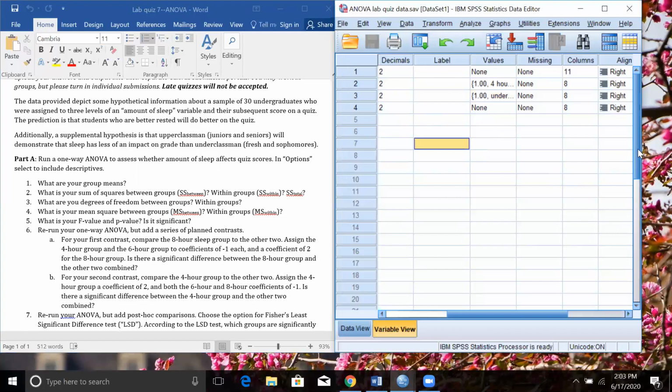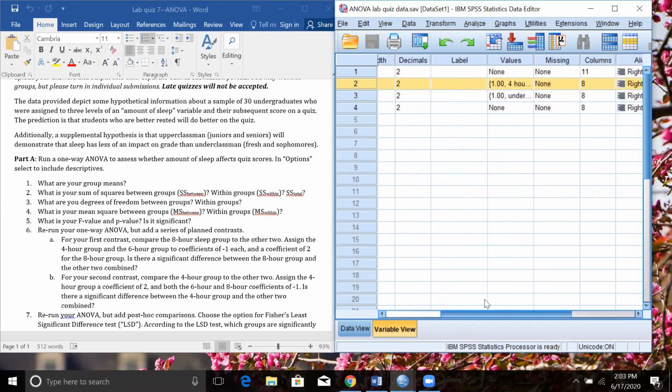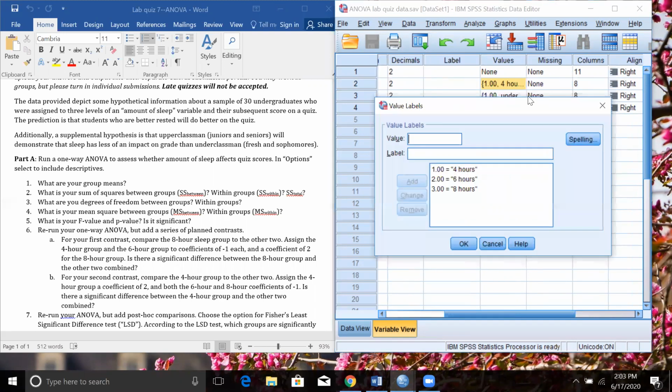So if you look at your data set for this quiz and you look at the IV here, which is sleep, and you go over to the value part of the variable, this is where you define the levels for your categorical IVs, right? There's 3 different groups. The first group are people that were assigned to sleep for 4 hours.